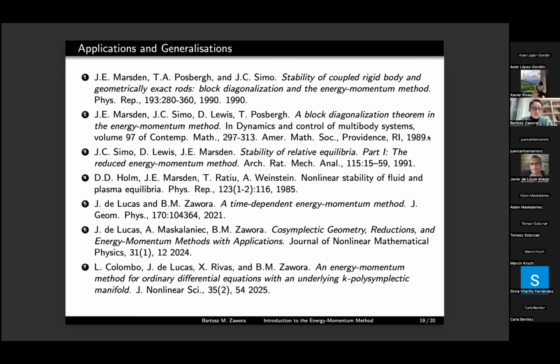This method also allows for employing the so-called block diagonalization theorem, which even more simplifies the computation of stability of relative equilibrium points. There's also a generalization of the energy momentum method to Poisson manifolds, which is called the energy Casimir method.